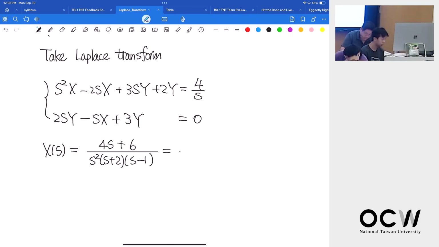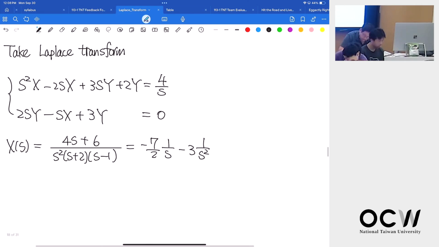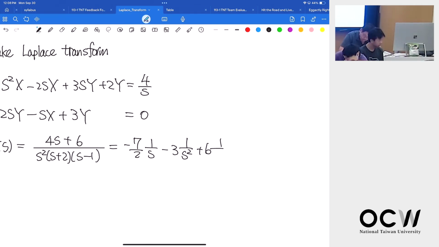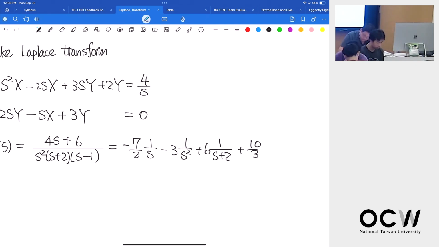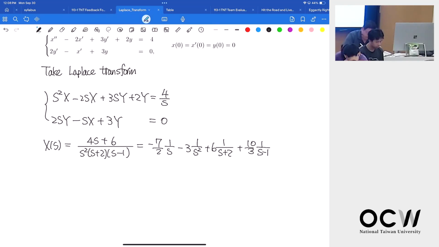Using partial fraction decomposition, you have minus 7 over 2, 1 over s, and 3 times 1 over s squared, and 6, 1 over s plus 2, and 10 over 3, 1 over s minus 1. And your y will be 2 divided by s, s plus 2, s plus 1, s minus 1.